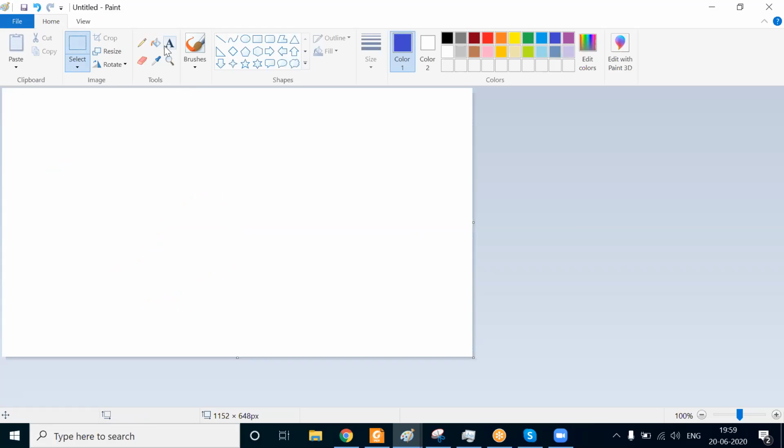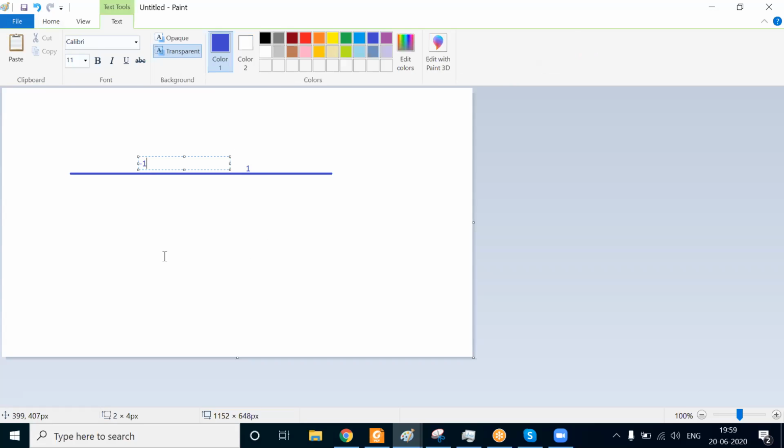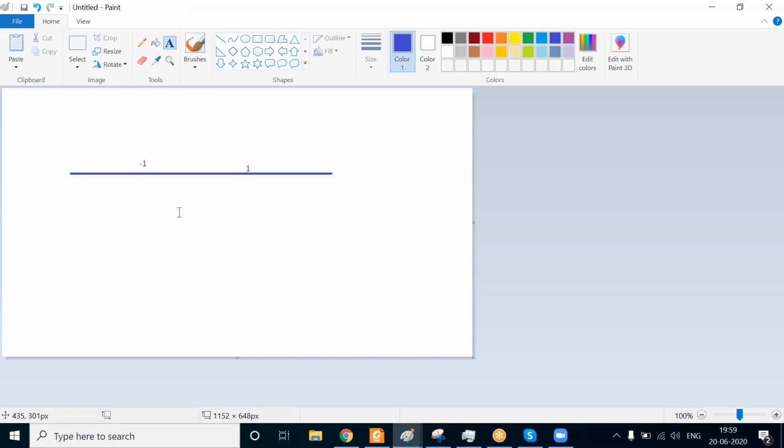Let me put it down in a number way. If you understand the numbers, this is the number line. If I say 1 here, then minus 1 will be exactly opposite, somewhere here. So it is exactly opposite to the number.